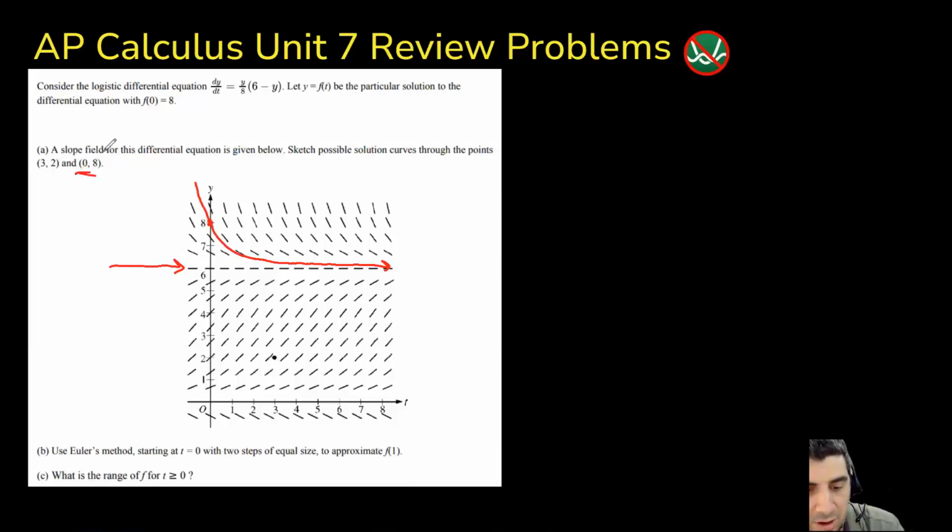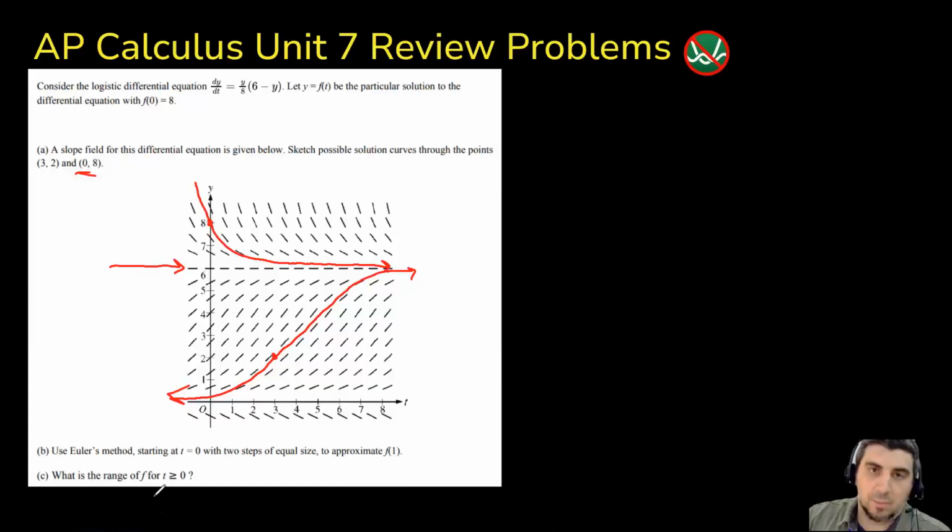And that's the point 0, 8. At 3, 2, which is right here, you want to follow parallel, and then it's going to increase and start concave down and then level off. But then we have to go the other direction, and it's going to be concave up, but also level off at the t-axis.